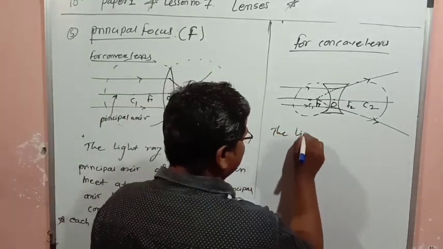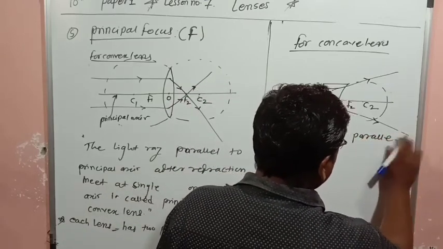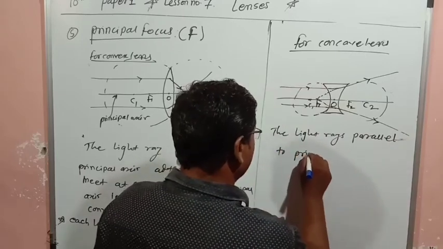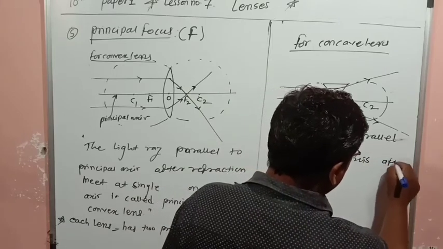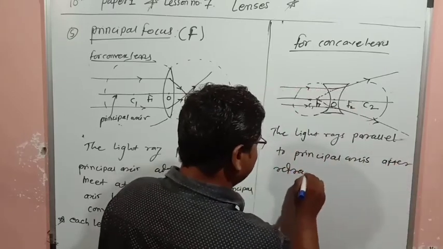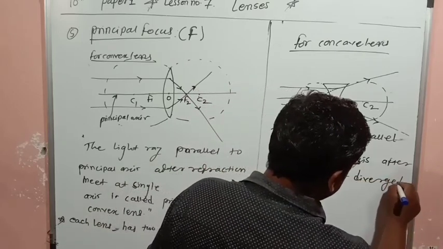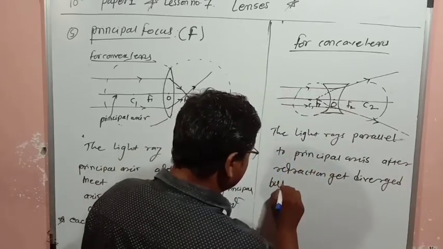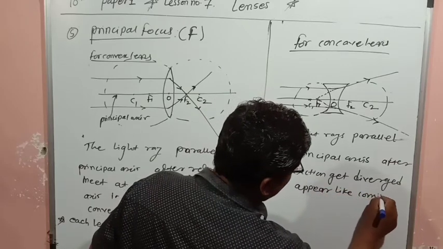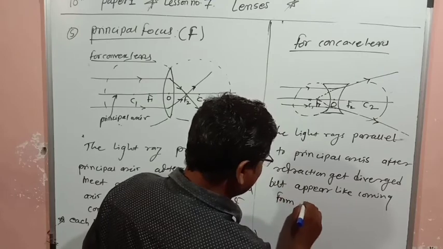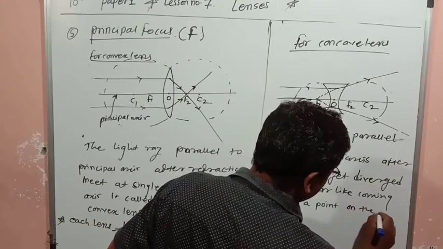The light rays parallel to the principal axis, after refraction, get diverged but appear like coming from a point on the principal axis.